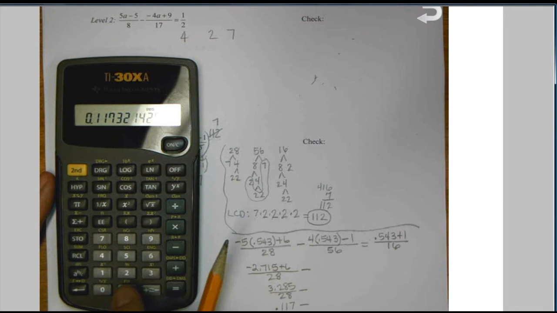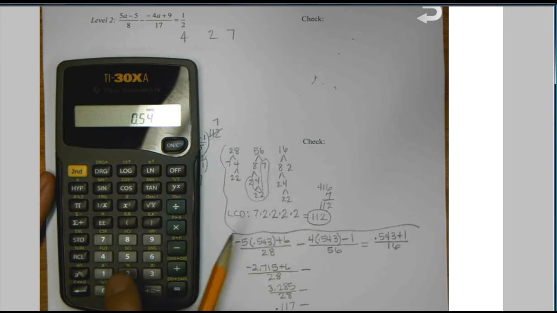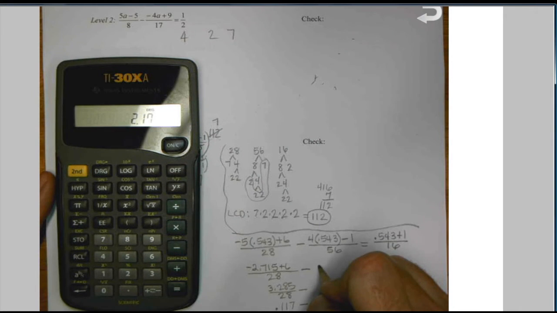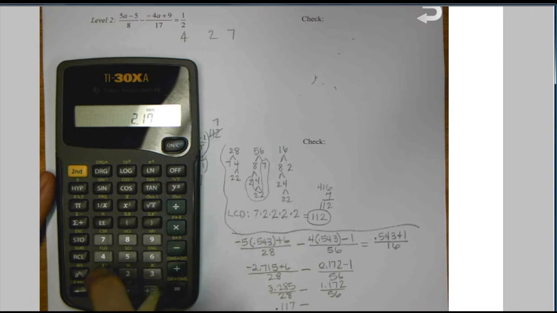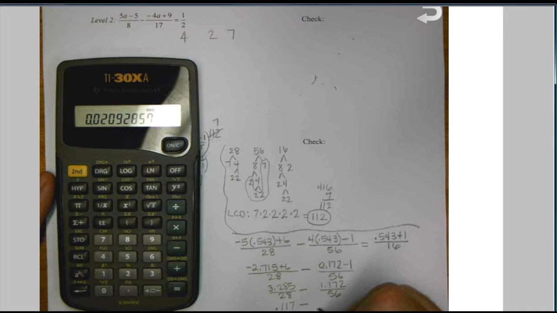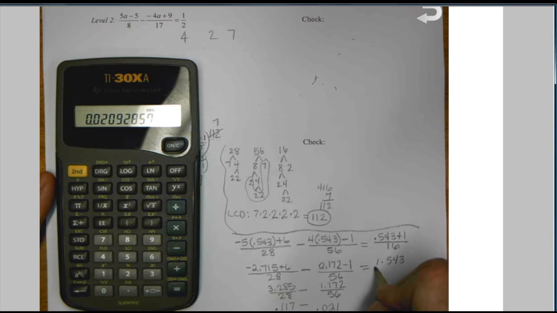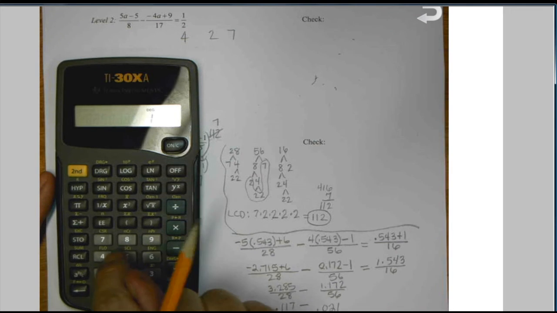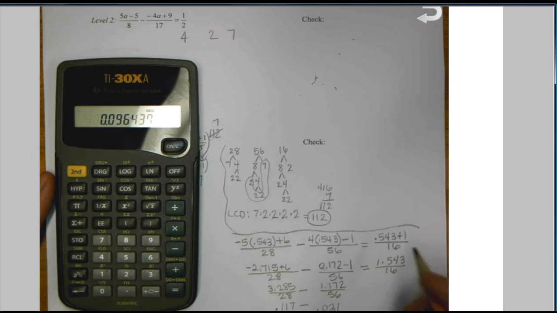I will do 0.543 times 4, and I get 2.172 minus 1 over 56, so that'll be 1.172 over 56, and I can do that division, and I get 0.021, and that should be equal to, I can see that that's 1.543 divided by 16, and I come to 0.096.